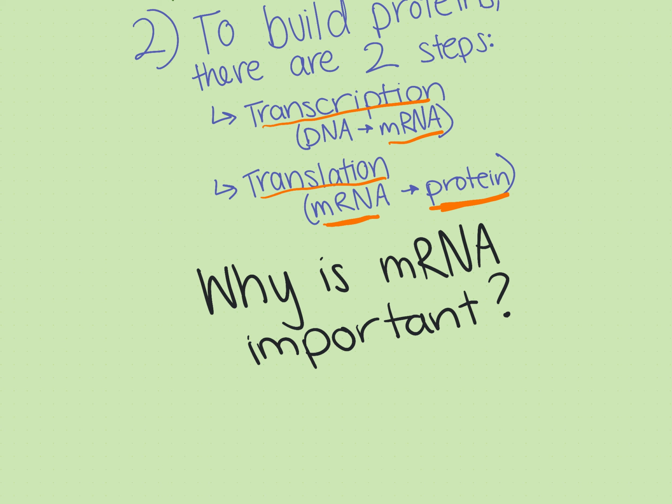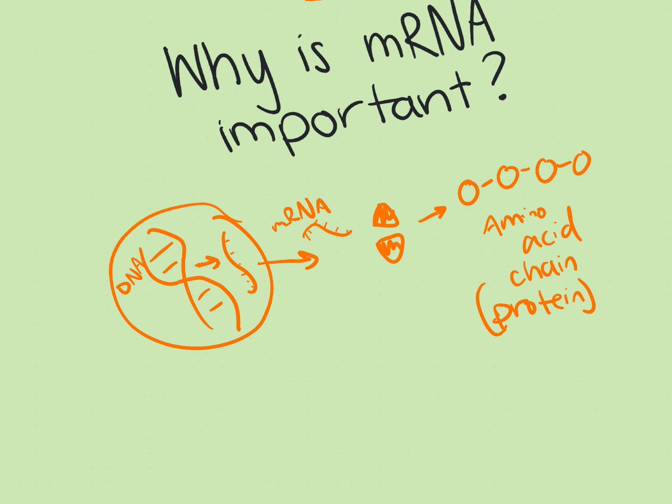So before we get into it, just to recap, make sure we're on the same page here. Why is mRNA important? So yeah, DNA is inside the nucleus here. It cannot leave the nucleus. DNA cannot leave the nucleus. So it has to create a copy of its instructions in the form of mRNA, and then mRNA is able to leave the nucleus and go to the ribosome.